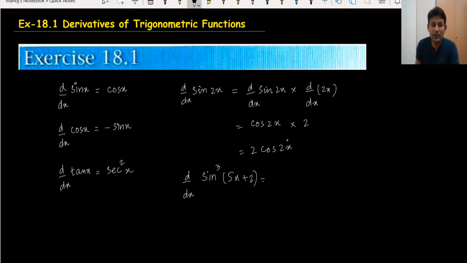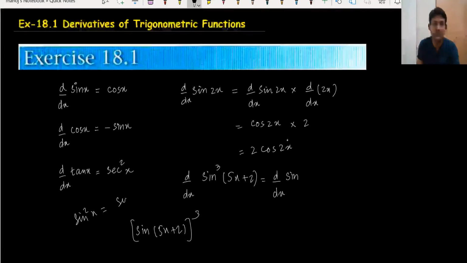In this situation, you have to apply the differentiation in three steps. Number one, you differentiate with the power. Remember, sine cube means sine of 5x plus 2, whole cube. Because sine squared x is equal to sine x whole square, since this square is not on the angle. So first we apply the power.